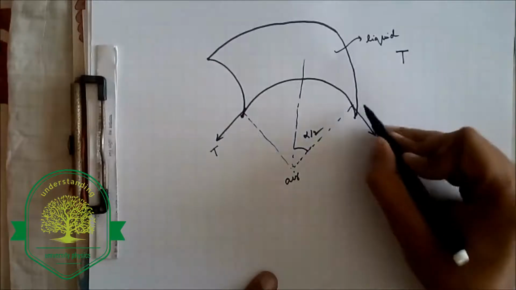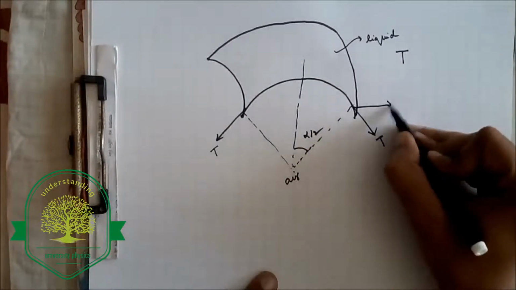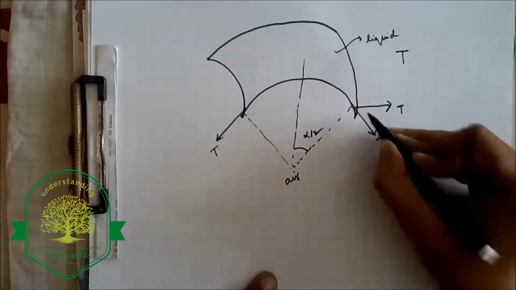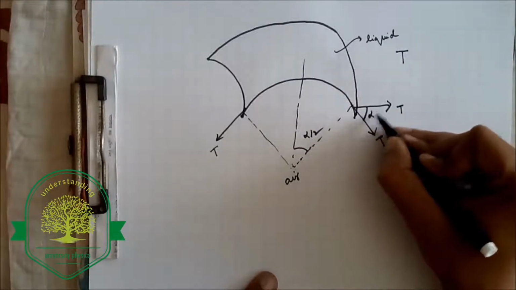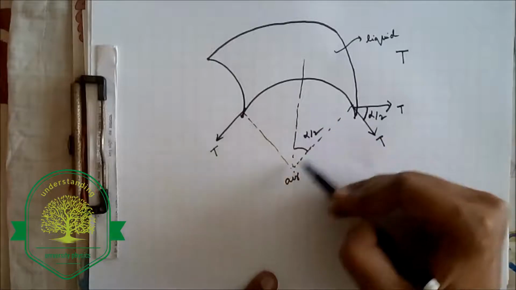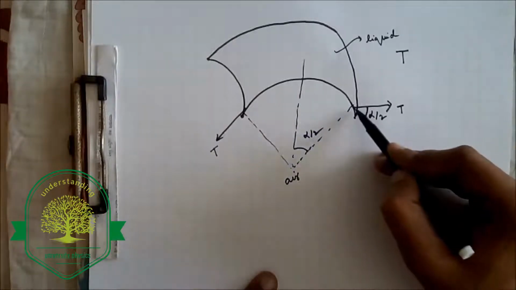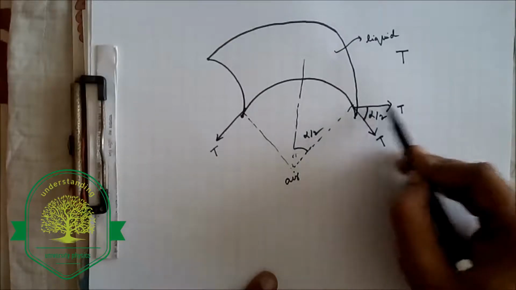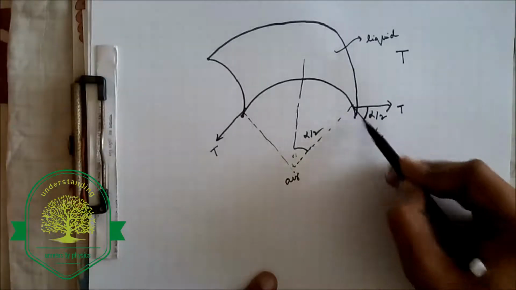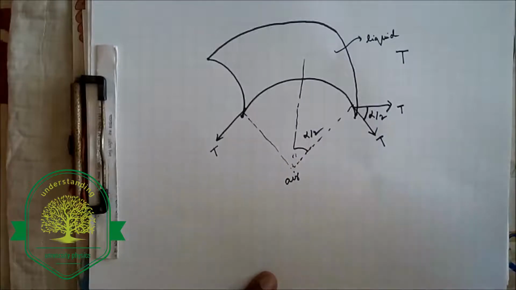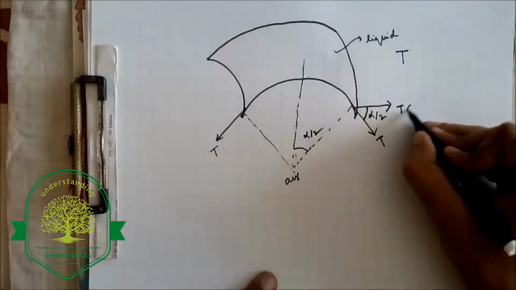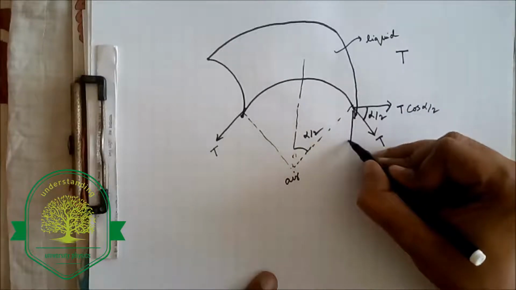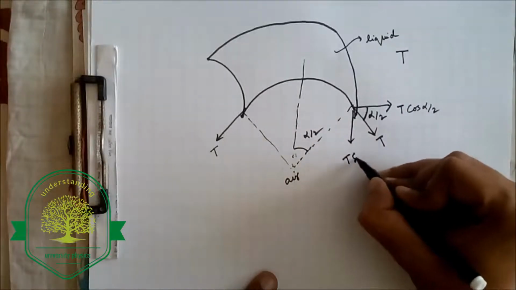And if I resolve T along this direction, I will get T cos alpha over 2, because this angle is alpha over 2. If the angle between two sides is something, the angle between their perpendiculars is also the same. This side is perpendicular to this and this is perpendicular to this. So this is T cos alpha over 2, and the downward component being T sin alpha over 2.